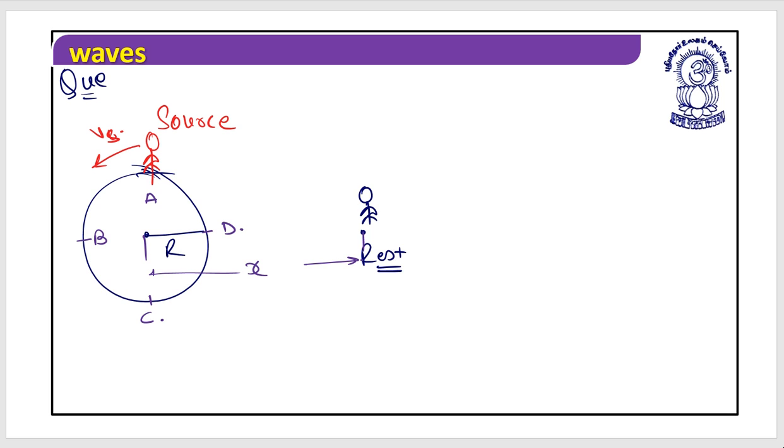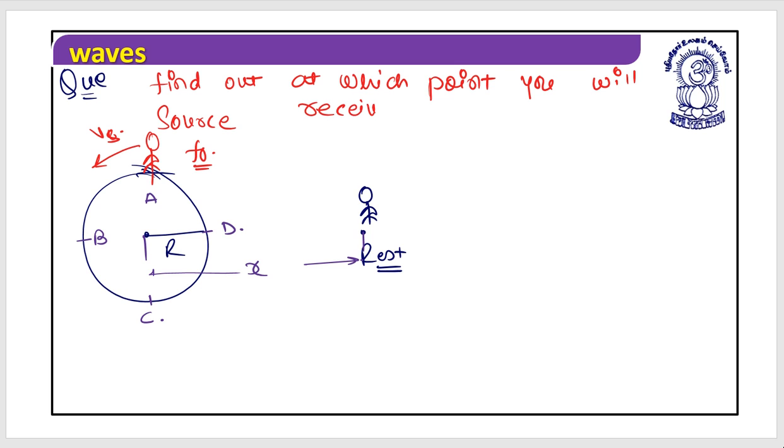They can ask that if the source produces a frequency of f naught, find out at which point you will receive maximum frequency and minimum frequency.